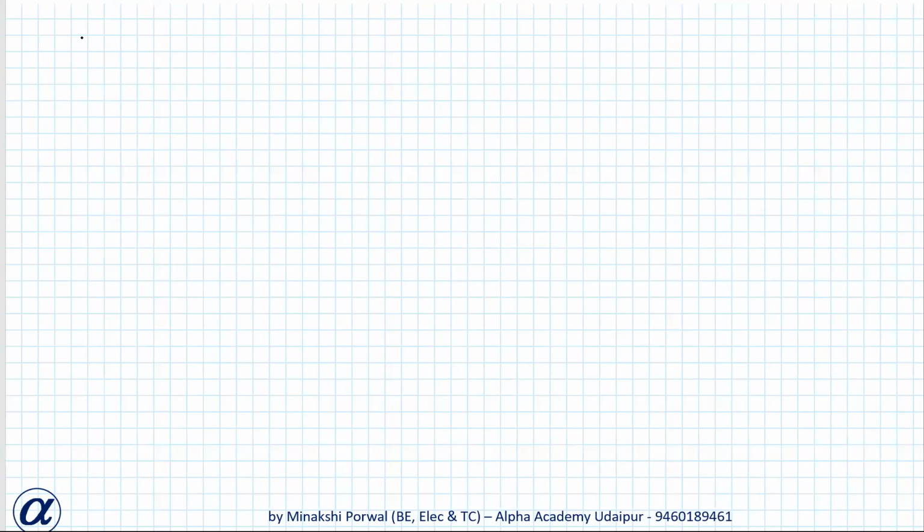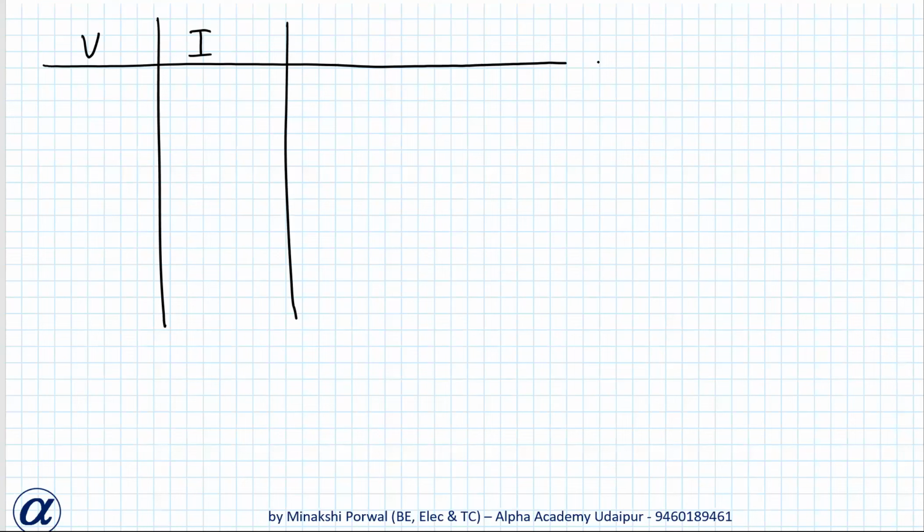Suppose one cell of 1.5 volt is connected and current flowing is 0.5. If another battery is connected, 3 volt, and current flowing is 1. This current is in ampere, this is in volts. This is just an example.